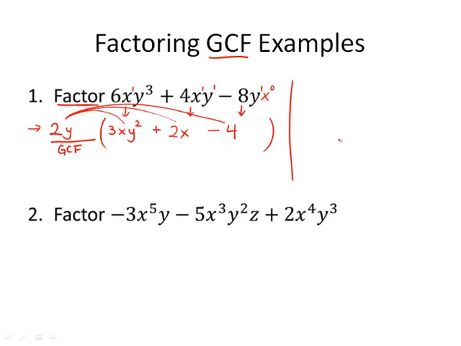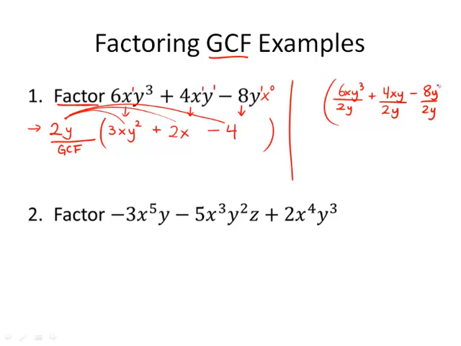I want to offer you an alternate route here. If you're having trouble with this step of figuring out what you would multiply by, you could think, well, the same thing as asking what times 2y gives us 6xy cubed would be to say 6xy cubed divided by 2y. So you could take every single one of these and divide each one by 2y.